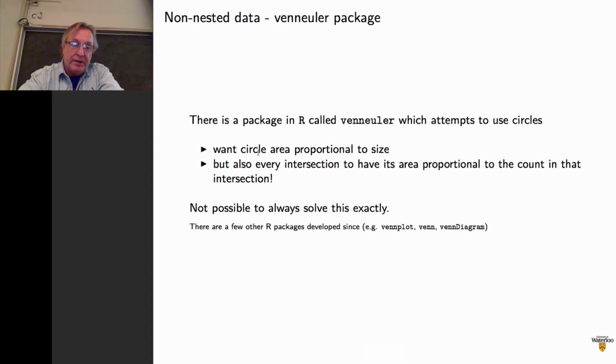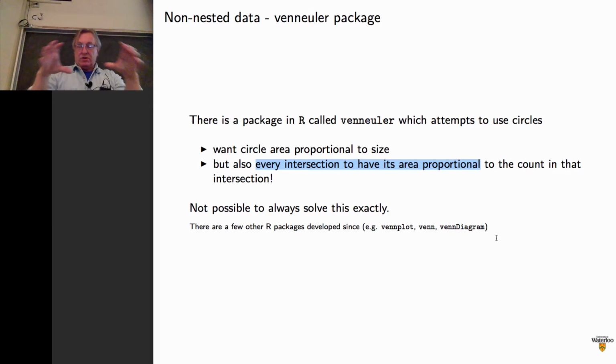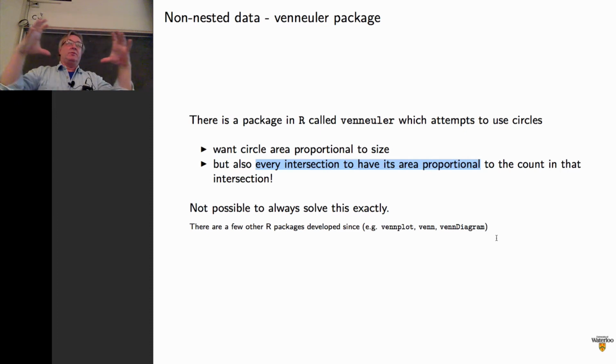But the hard part is we'd also like every intersection to have its area proportional to the count in that intersection. So you've got circles that you can change the radius of, and you can move their centers around. And they'll intersect a certain amount and not. And every one of those areas of intersection, you'd like that to be close to the actual count in that intersection.